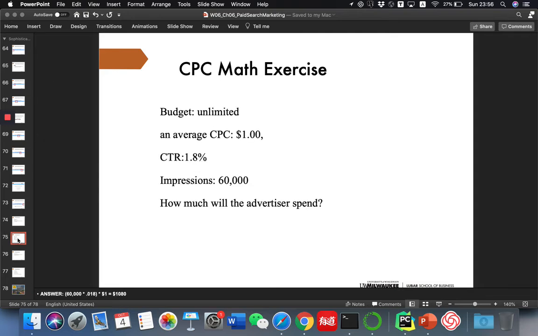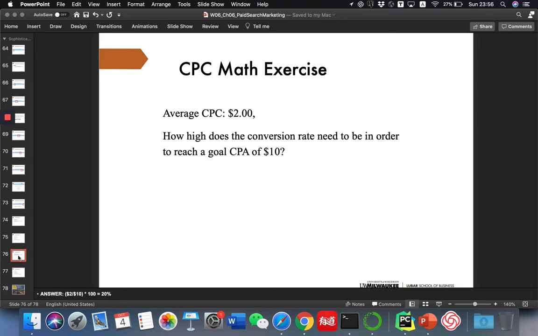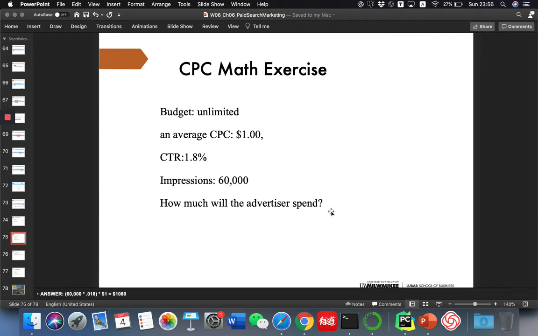Let's move on to the second one, the last example I'd like to explain in this video. So you do not need to care about the budget in this case.